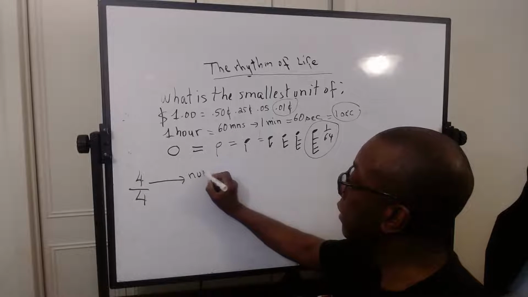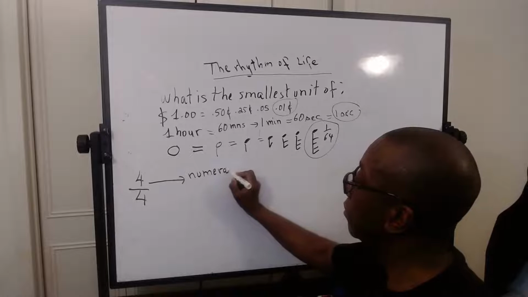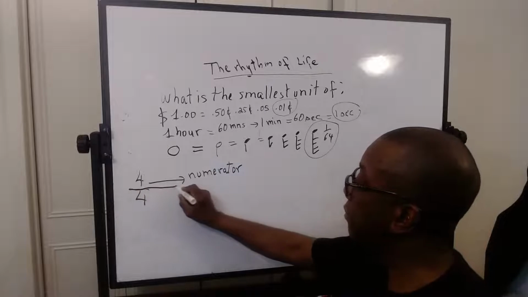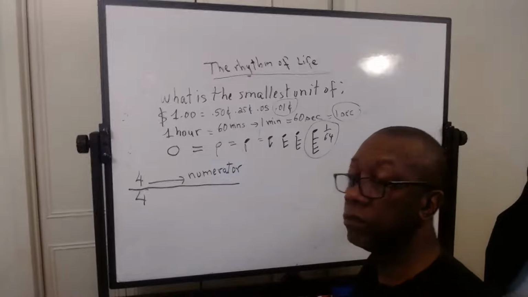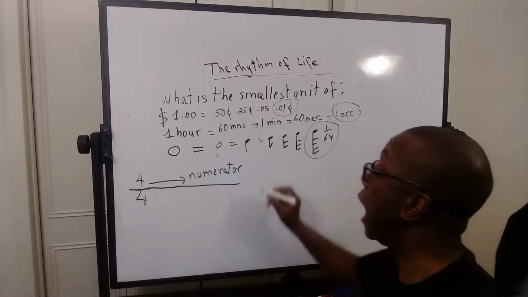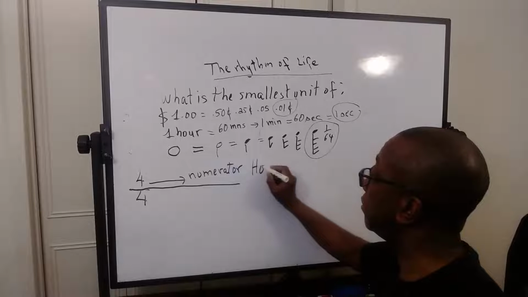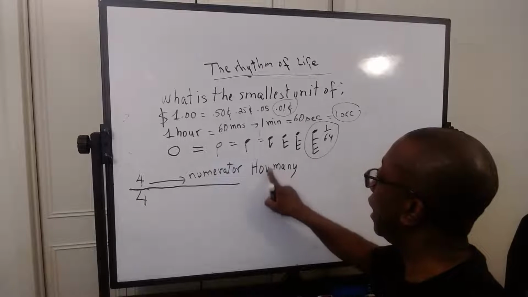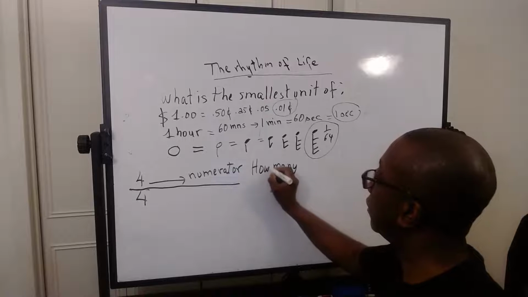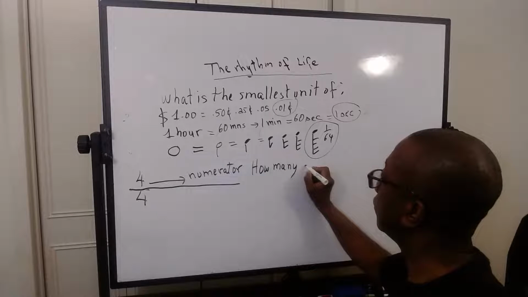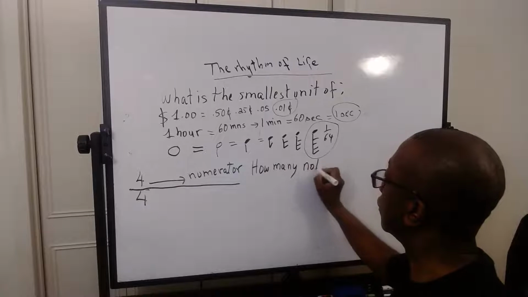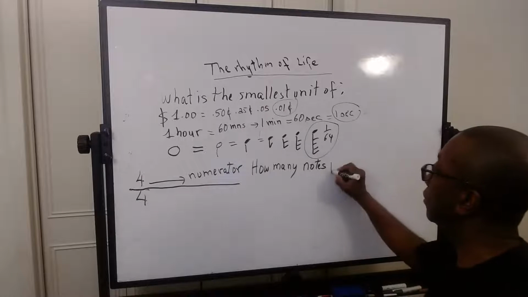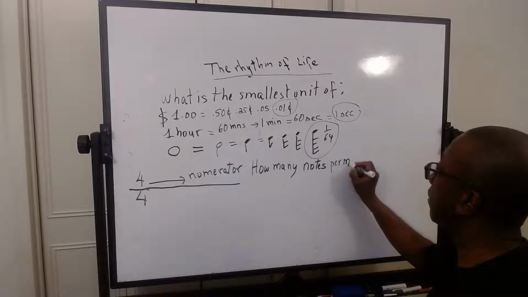The numerator, at the top section here, tells you how many notes per measure.